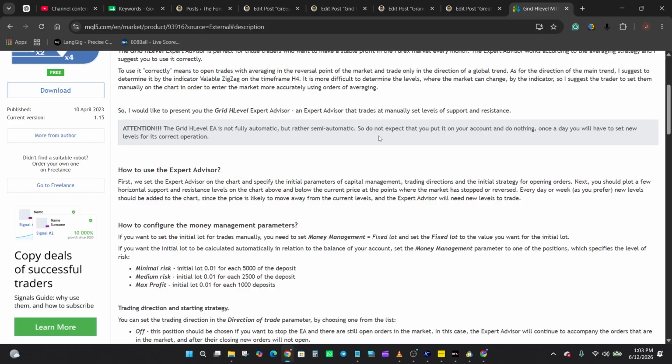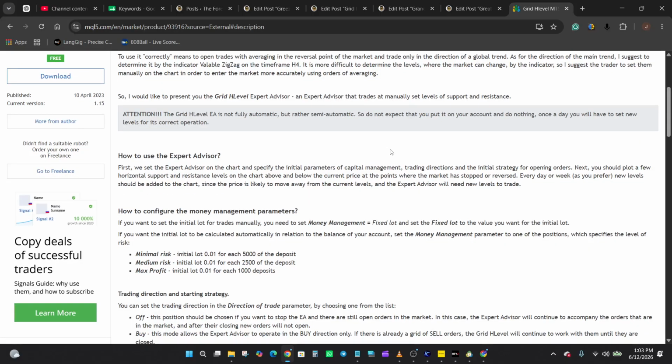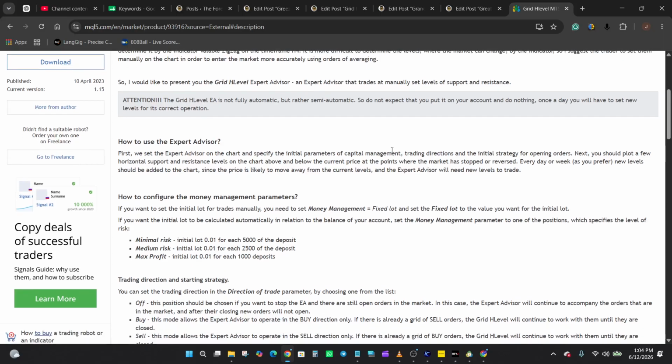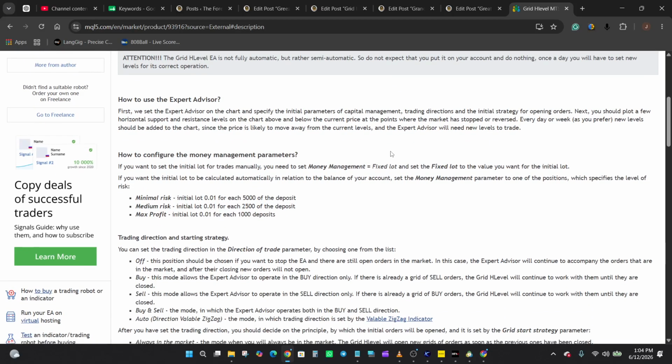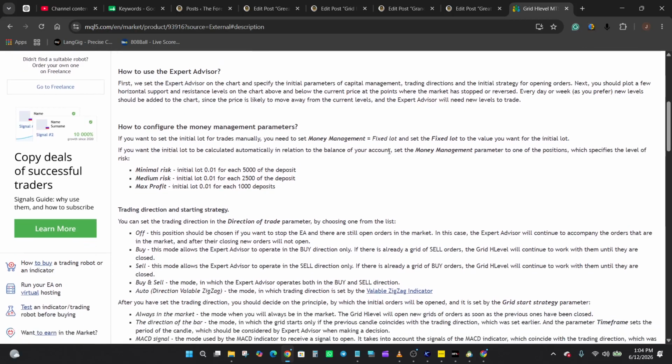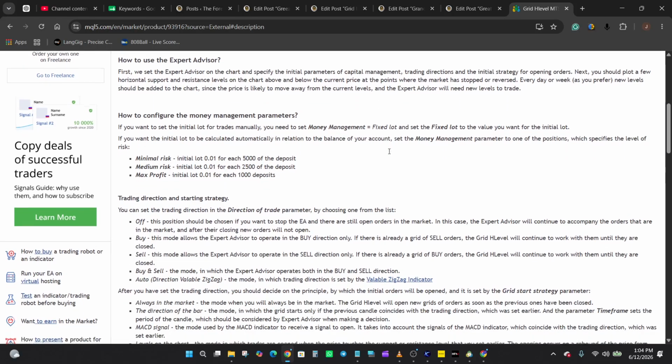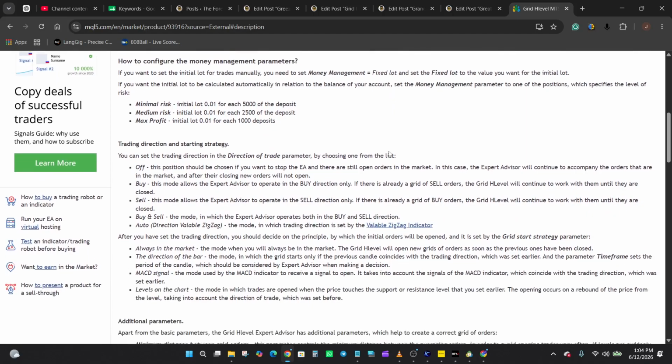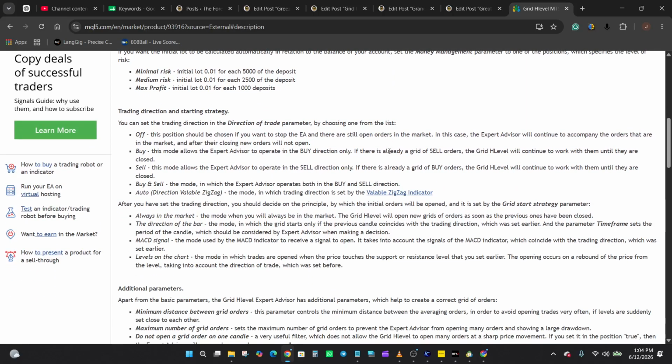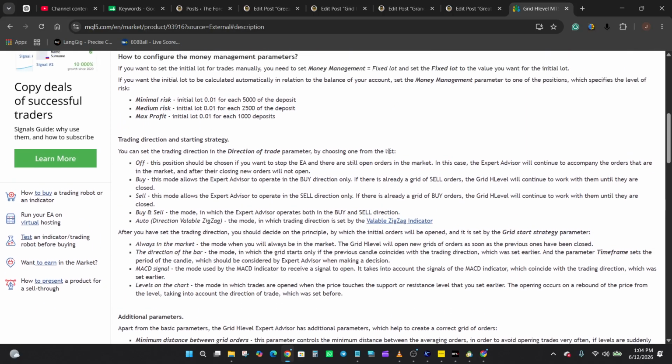Now, moving further through the marketplace page, the setup process is explained in detail. After attaching the EA to a chart, traders can configure capital management settings, choose a trading direction and select a strategy for initiating trades. Now, one area that stands out is the flexibility of the money management options.